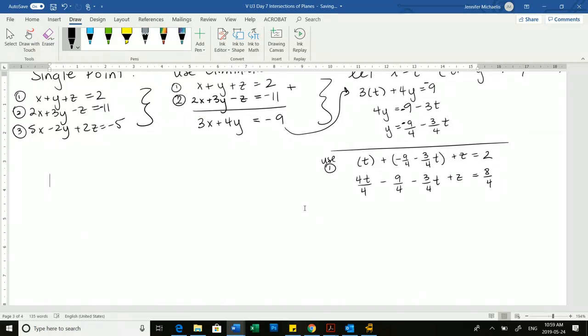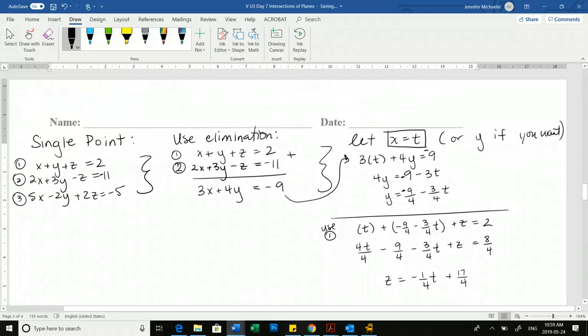We're going to gather our stuff together and isolate for z. I'm going to move everything over to the other side. Here I'm getting 1/4 t, and when I move it to the other side, it will be -1/4 t. And 9 over 4, when I move this over, will become plus 9 over 4, and I will get 17 over 4 for t.